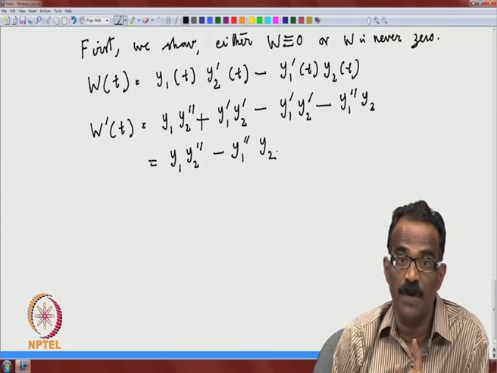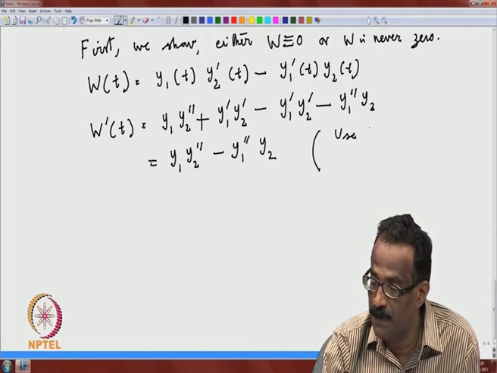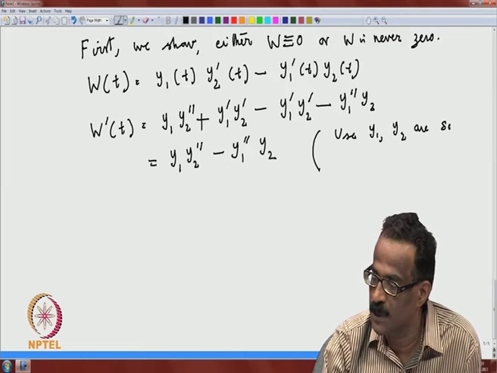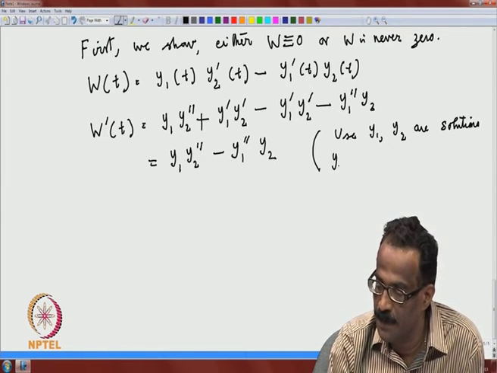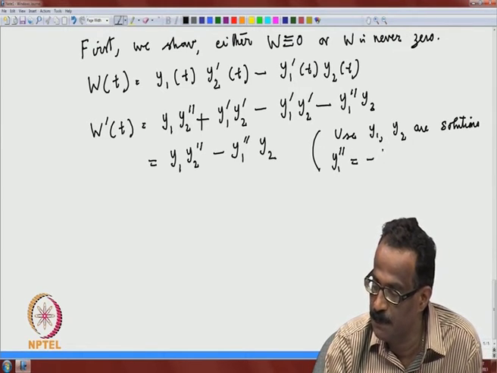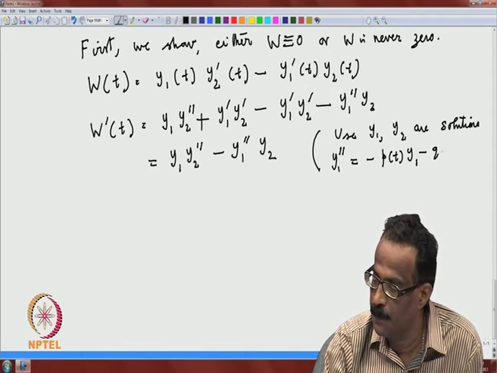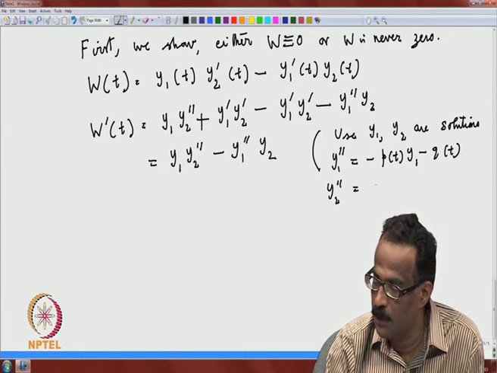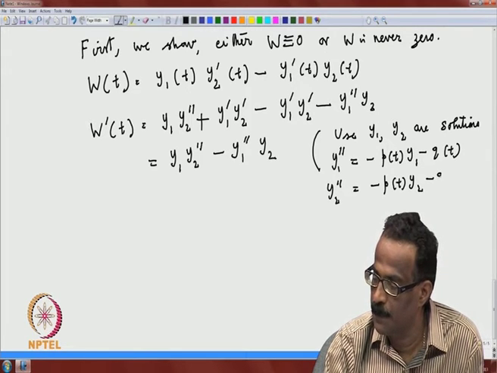Now, use that y1 and y2 are solutions. If you use that fact, you will get y1 double prime is equal to minus p(t) y1 prime minus q(t) y1, if you take it to the right side, and y2 double prime is equal to minus p(t) y2 prime minus q(t) y2.